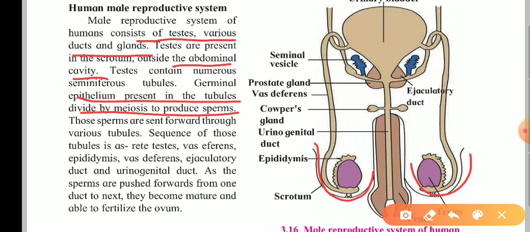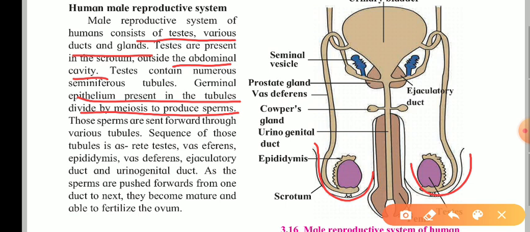The main function of the testes is to produce sperms by the process of meiosis, a type of cell division which we have already explained in our previous sections. Meiosis halves the number of chromosomes present in the cell to produce a sperm.